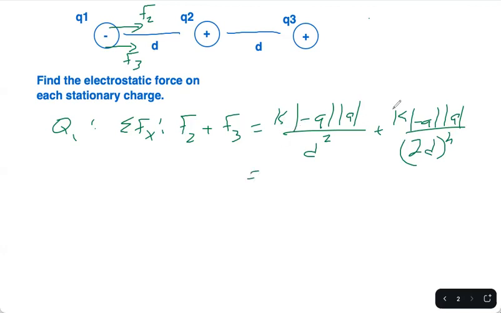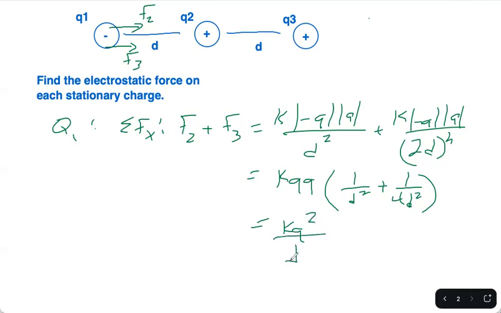A little bit of algebra here: I'd factor out the Q, because it would be an absolute value. That leaves 1 over d squared plus 1 over 4d squared. Factor out the d squared, so that's Q squared over d squared times 1 plus 1/4, which is 5/4. So that'd be the answer for Q1.